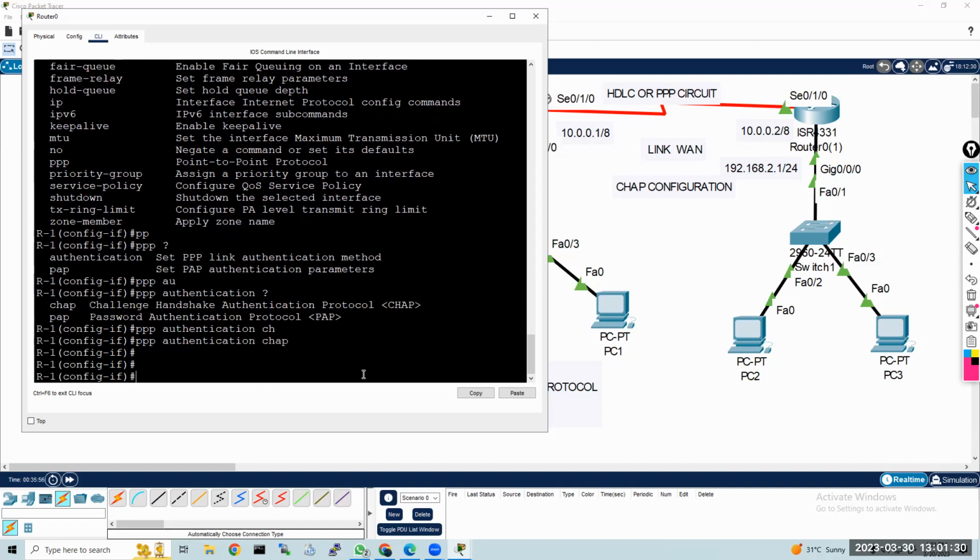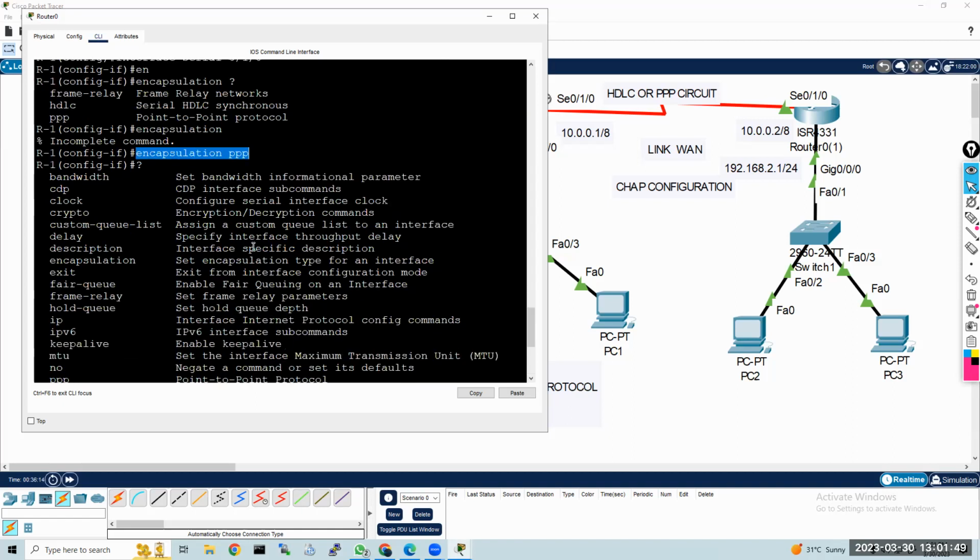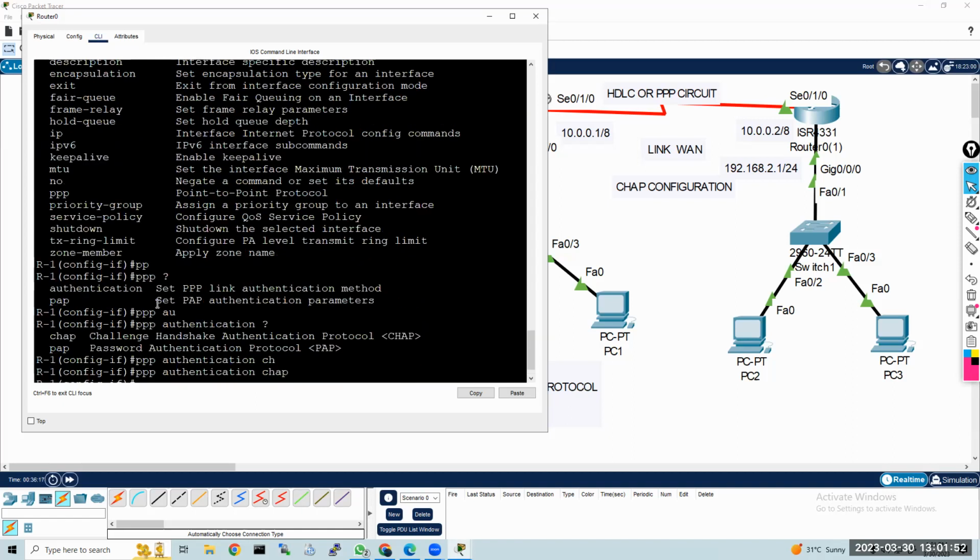Akash, can you repeat that once? So interface serial, encapsulation, question mark. I entered the interface first, then encapsulation PPP, then PPP authentication CHAP.